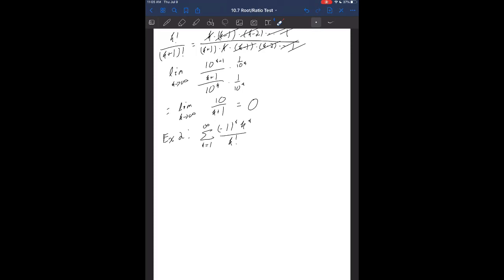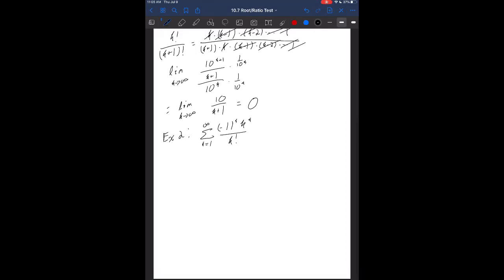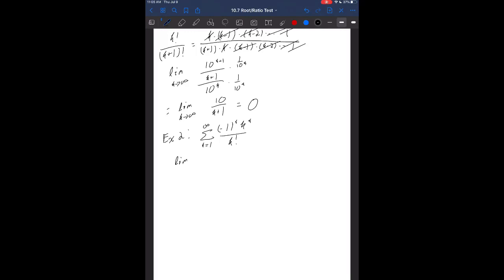However, this would involve taking the limit as k goes to infinity of k to the k over k factorial, which is not necessarily easy to take the limit of. So instead, for this problem we are going to use the ratio test and see if we can get information from it.